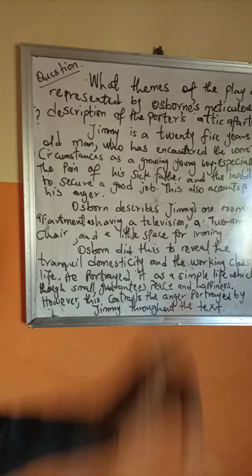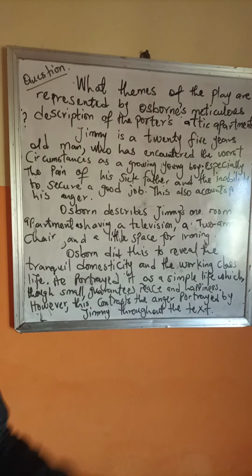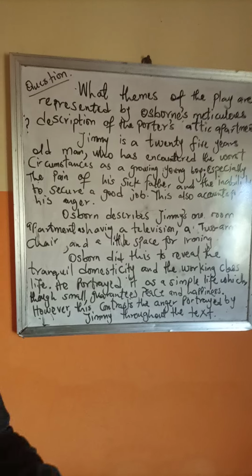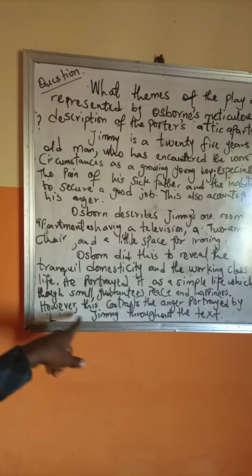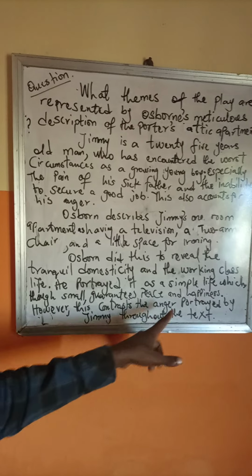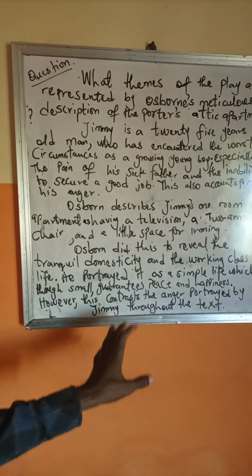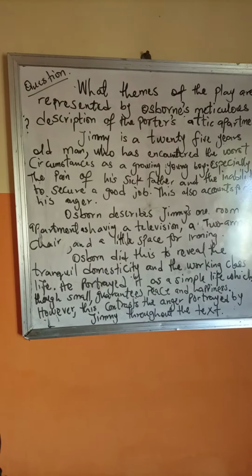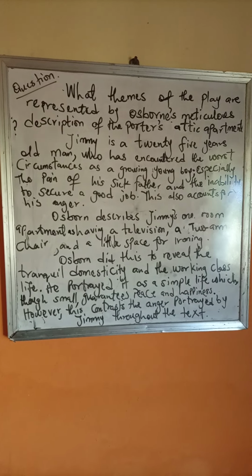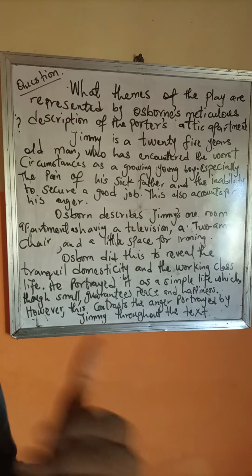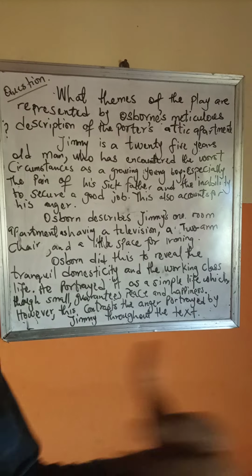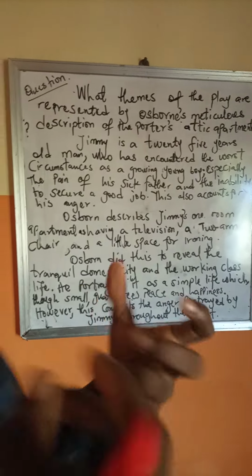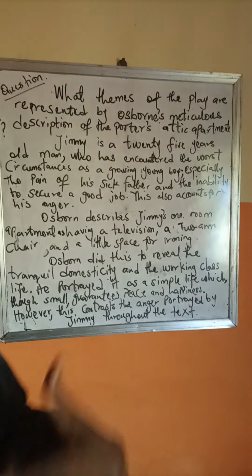However, you need to contrast this with the title of the text, Look Back in Anger. So, how is anger displayed here? This contrasts the anger portrayed by Jimmy throughout the text. So we're able to see that the dramatist John Osborne was trying to contrast what is inside Jimmy to what is outside.